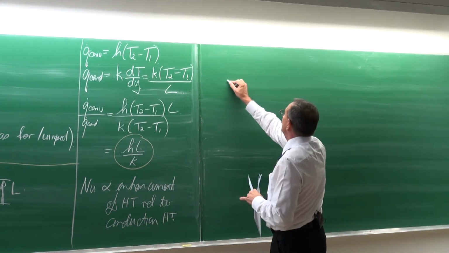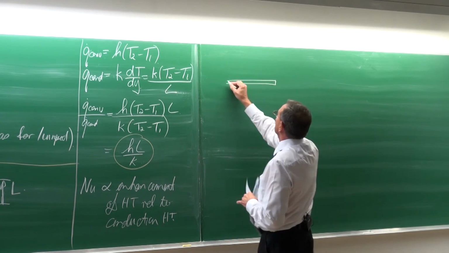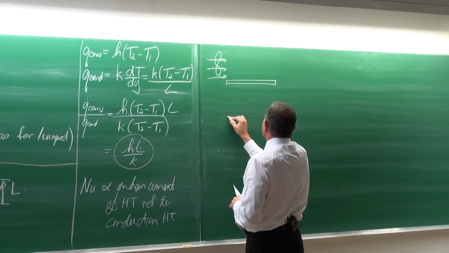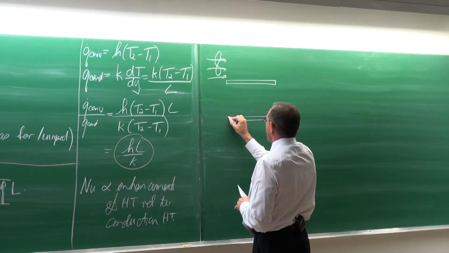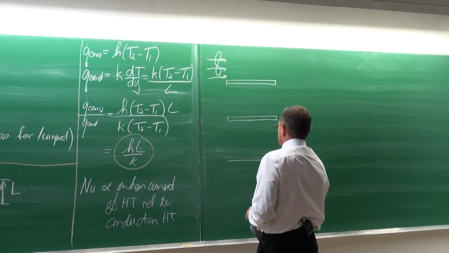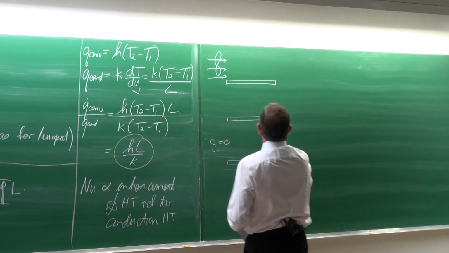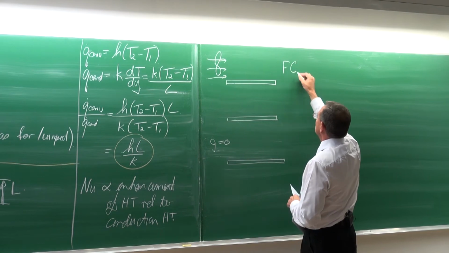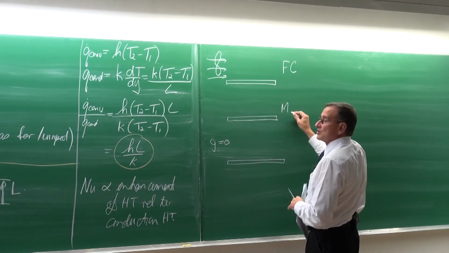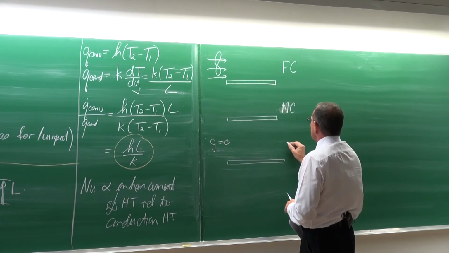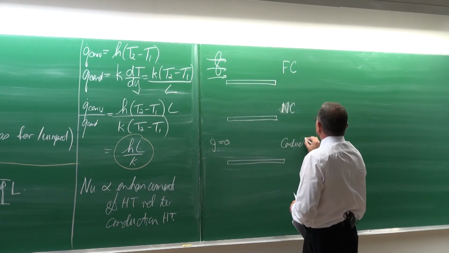Thus, if we look at those three cases that we previously had: the case where we had the fan, then where there was no fan, and then lastly, when g was equal to 0. So that was the case of forced convection, this was the case of natural convection, and that was the case of conduction only.